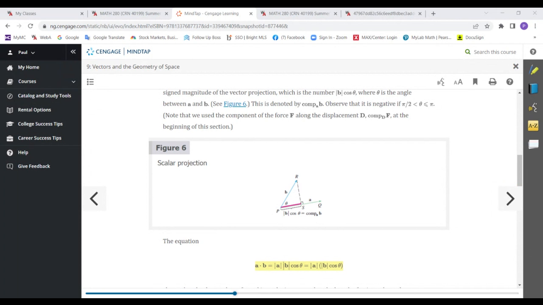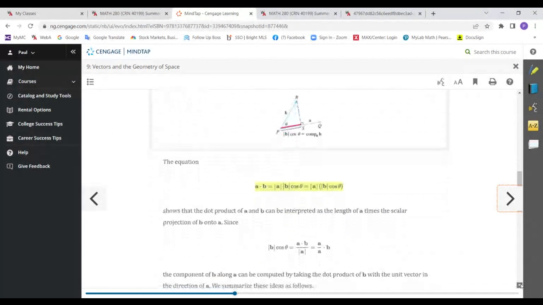So the projection vector is a scalar multiple of the vector A, and that scalar multiple is your scalar projection of the vector B onto A, or the component of B onto A. And we need to find what those are. So how do we find these?